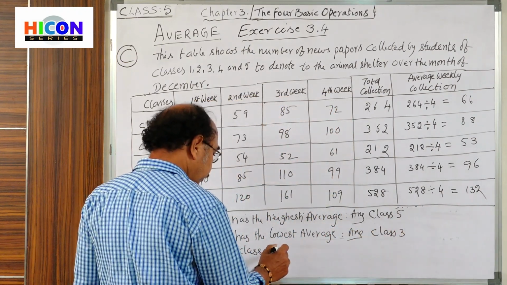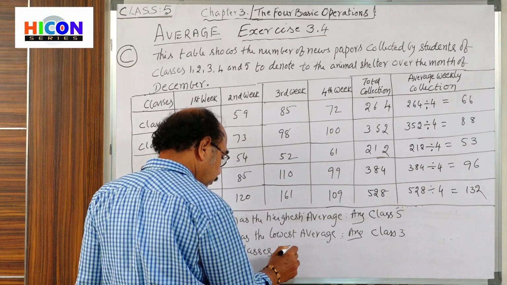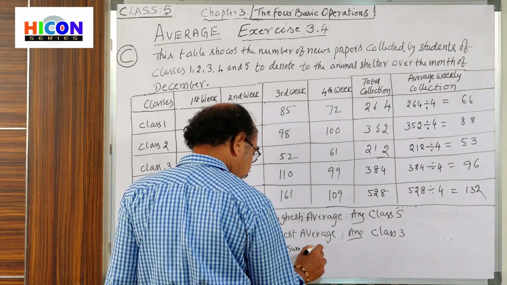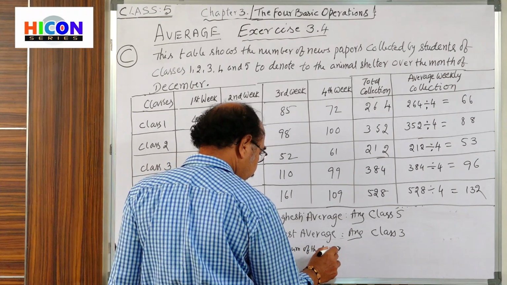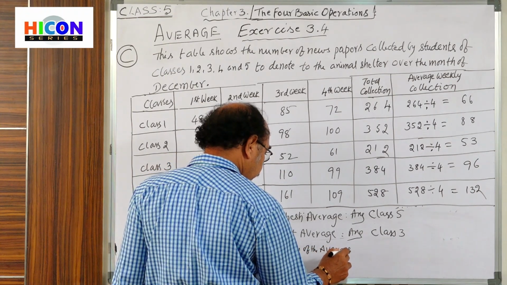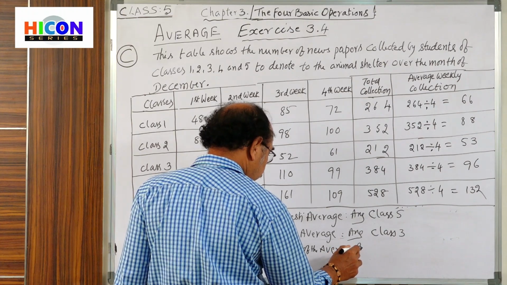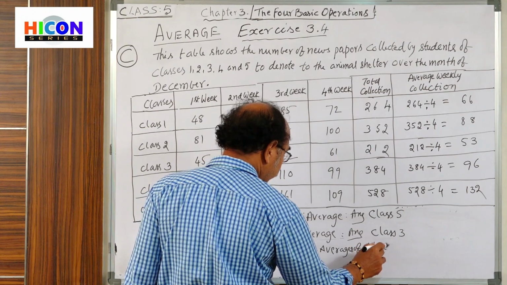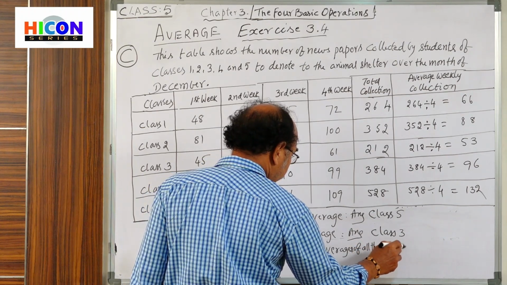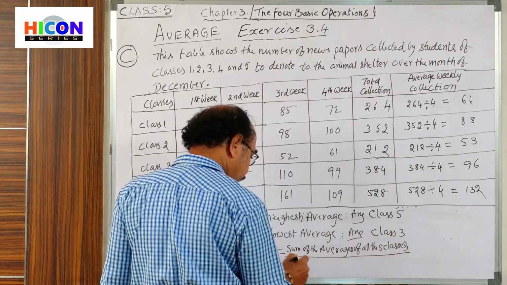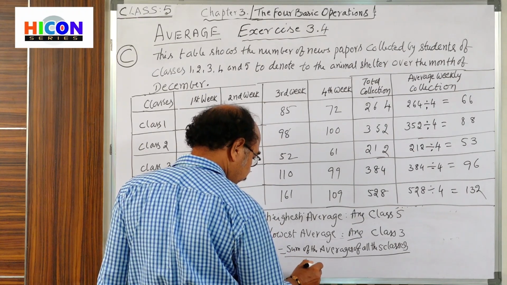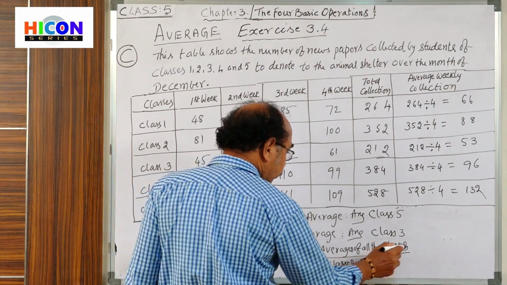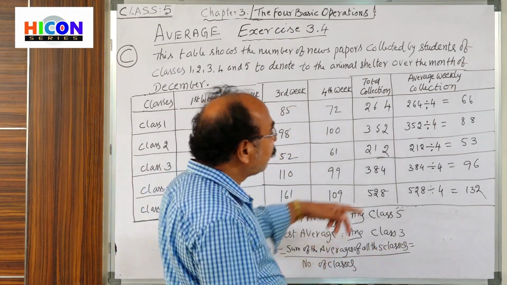So, here we write sum of the averages of all the 5 classes divided by number of classes. That means add all these 5 numbers.